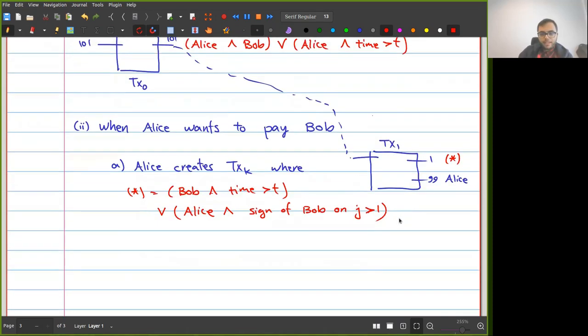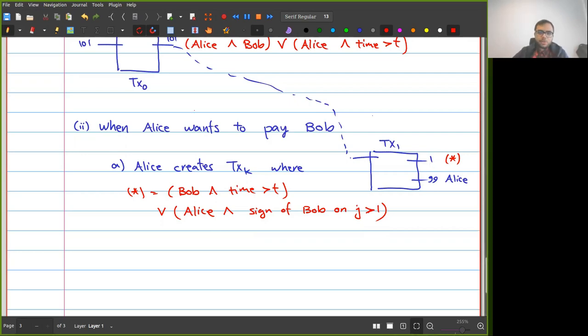So if Alice can provide a signature of Bob on a number J that is greater than 1, and of course she has to also provide J itself, then she can prove that there were more than 1 transactions, and since Bob has published this transaction on the blockchain, and Alice is proving that Bob published the wrong transaction on the blockchain, Alice can now take all of Bob's money.